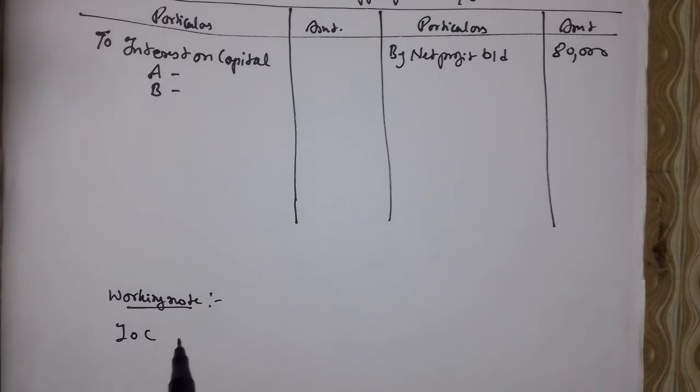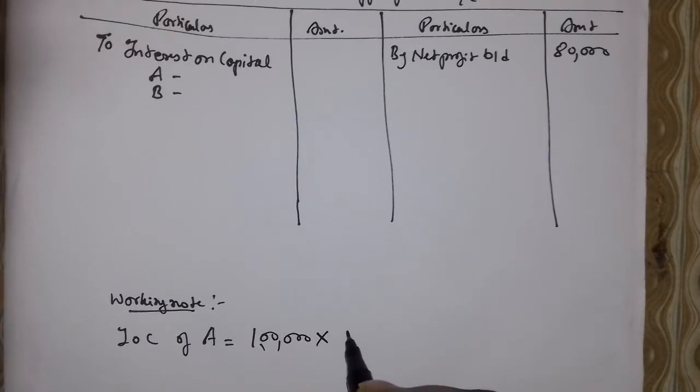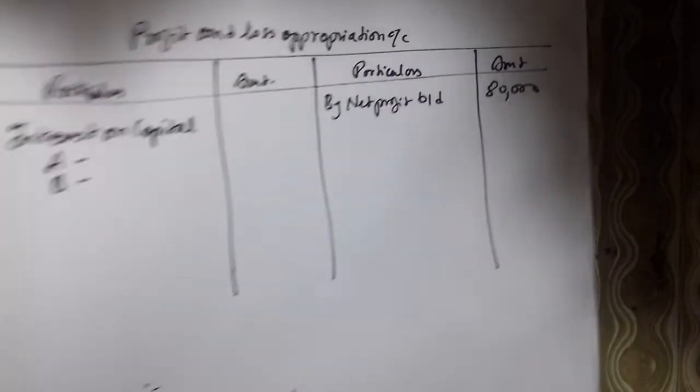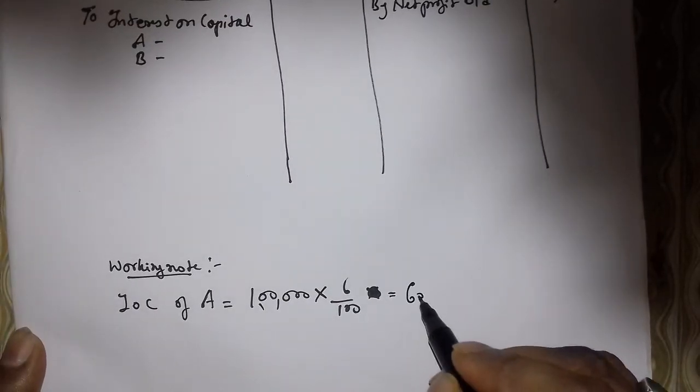That is interest on capital of A, which is 1 lakh into 6 by 100, because this whole interest will be calculated for the full year, so the interest on capital is 6,000.